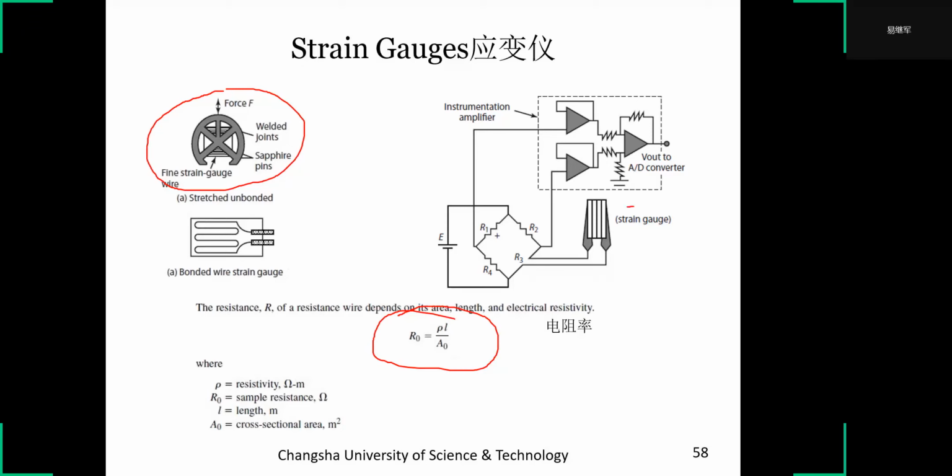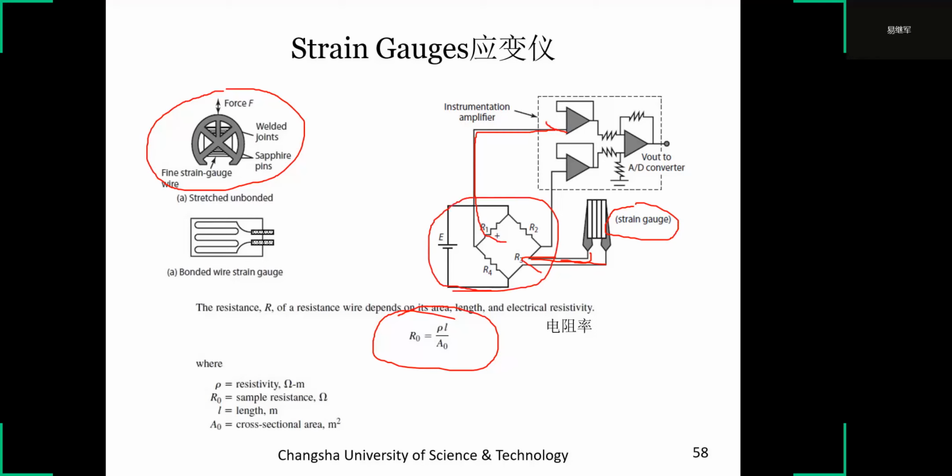This is a strain gauge. The signal comes to here. Then the signal is amplified. This is an electrical bridge. The electric bridge is balanced.